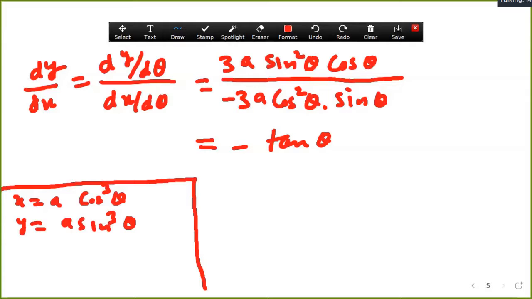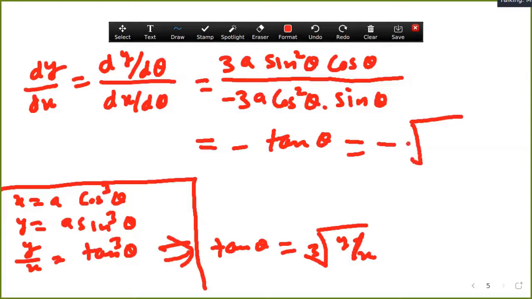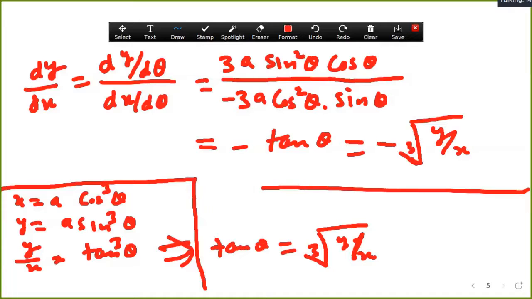If I divide y by x, I will get tangent cube theta. What is the value of tangent theta from here? You can take cube root both sides, y upon x. So the answer is minus of cube root of y upon x, because the question is in x and y, so the answer should be in x and y.